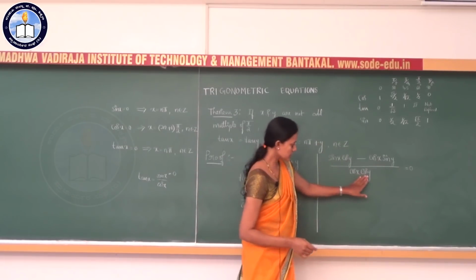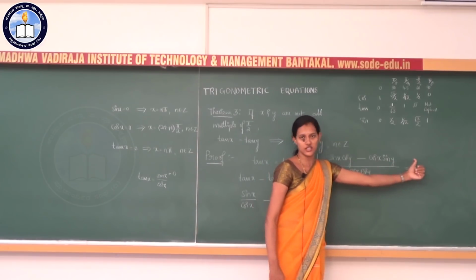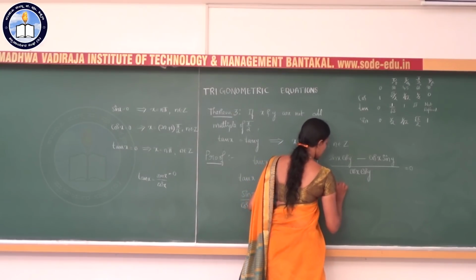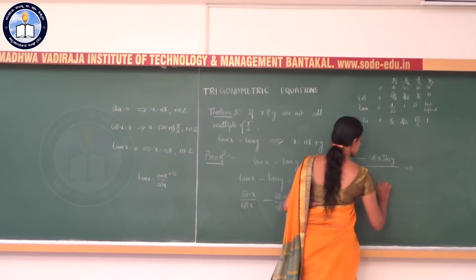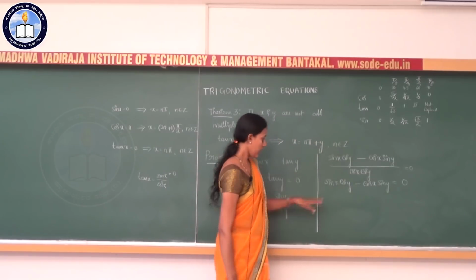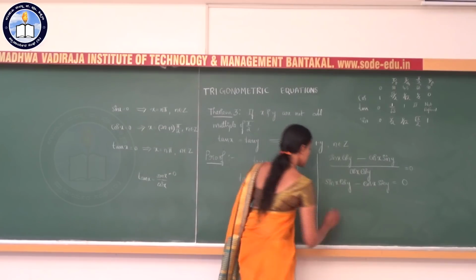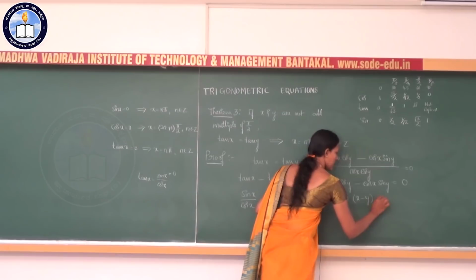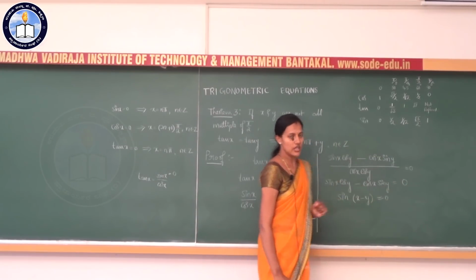So, cos x into cos y, we can take it to the right hand side. So, it is 0 into cos x into cos y, which is a 0. So, we have sin x cos y minus cos x sin y is equal to 0. And what is sin x cos y minus cos x sin y? This is nothing but sin of x minus y. So, sin of x minus y is equal to 0.